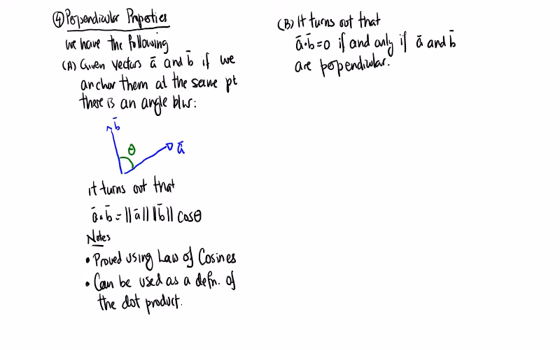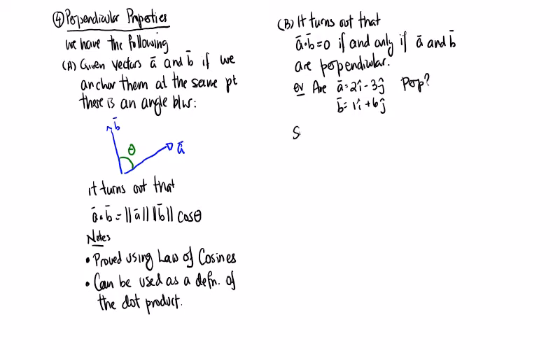So this is one of these things in the course that will come up repeatedly, all over the place. It will become second nature to you. I would say memorize it, but you'll use it so frequently that you don't need to memorize it. You'll memorize it automatically. So for example, if I said to you, say A equals 2i minus 3j, and B equals 1i plus 6j, are they perpendicular?